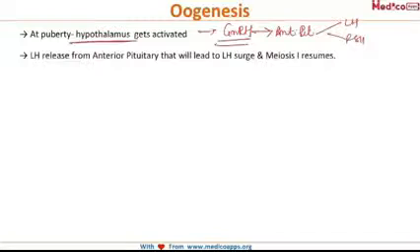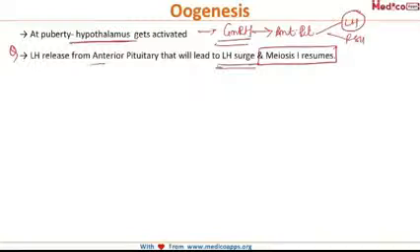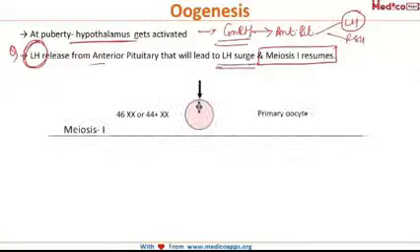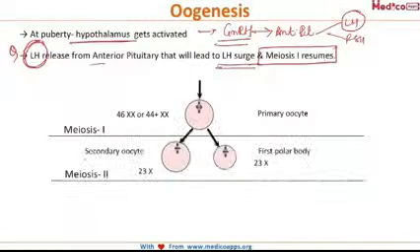Now this LH, which is released from the anterior pituitary, leads to the LH surge, and finally meiosis 1 resumes. Again one important question: meiosis 1 resumes under the effect of which hormone? It is the LH hormone, the luteinizing hormone. Now as meiosis 1 resumes and is completed, this primary oocyte leads to the formation of the secondary oocyte and the first polar body.